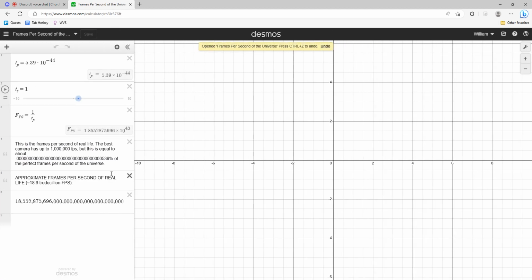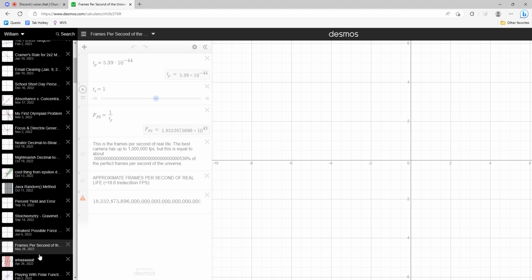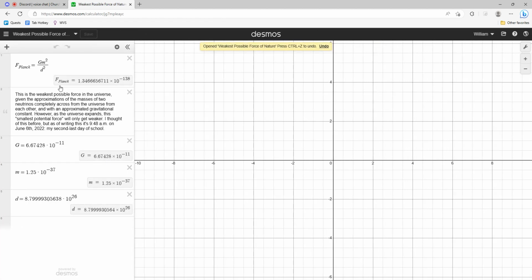Frames per second of the universe, right? So I used like the... Yeah. Oh my god. I think I made this in like an English class or something. I don't know. Oh god. Okay. Yeah, I must have used like some... The weakest possible force.